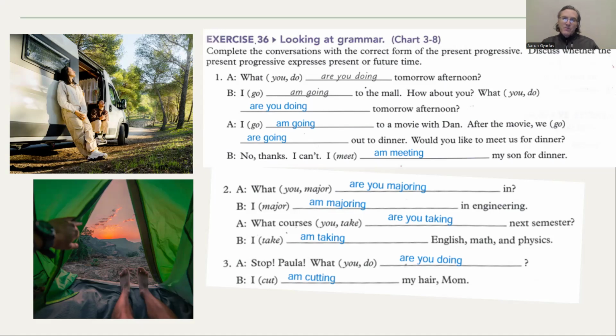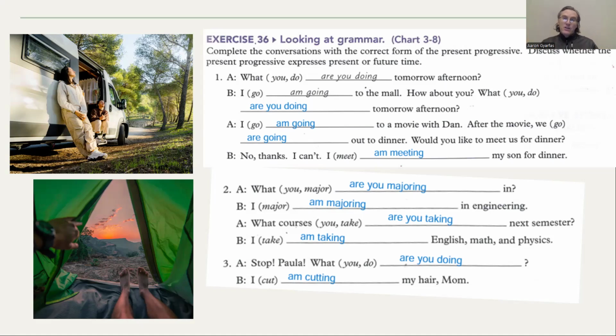In example number two, we have present and future. So the question, what are you majoring in, is present progressive for the present, meaning what are you majoring in right now? He says, I'm majoring in engineering now.